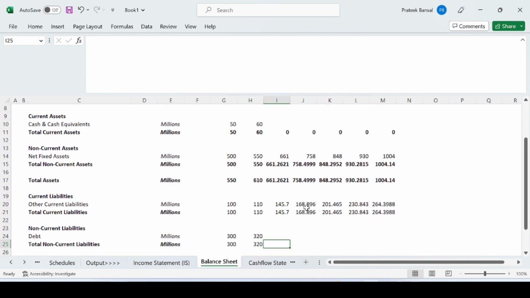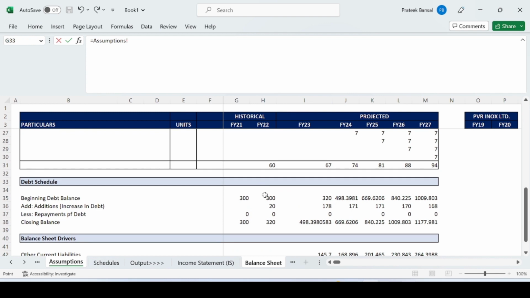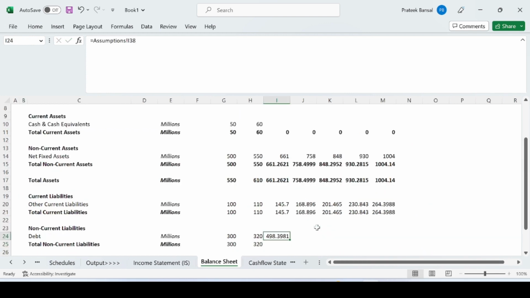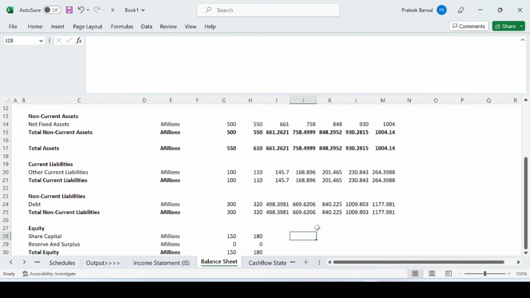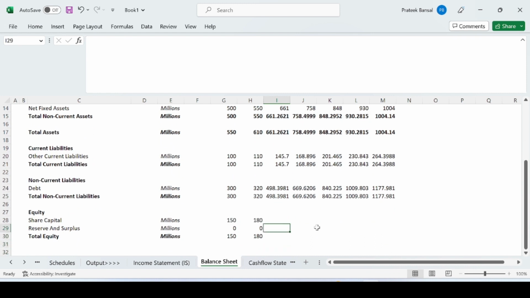Now for the debt part, we have already seen in today's video how we are going to calculate debt. That is from here. Okay, this is our debt part. This is our total non-current liabilities. And if I talk about our equity share capital, the closing balance of the last year will be the beginning balance of the current year, right?